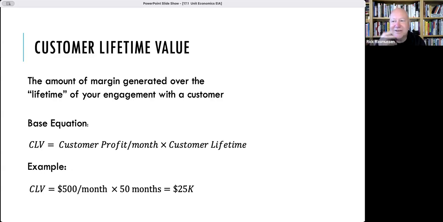You play for 2 or 3 days, or maybe longer, who knows? But it can be very short. Enterprise contracts tend to be measured in months or years. And so here I have an example where I've been making $500 a month margin times 50 months, which is just over 4 years. So I'll be making $25,000 on this particular transaction.